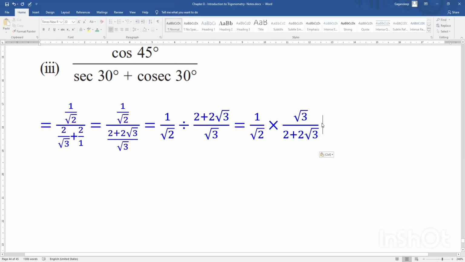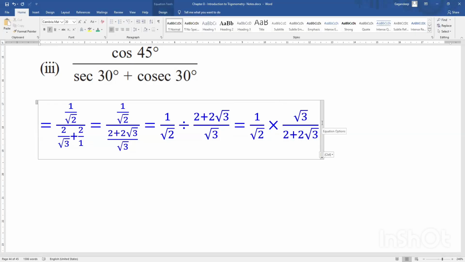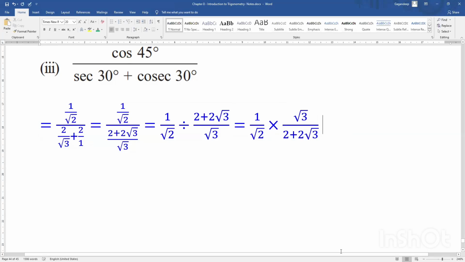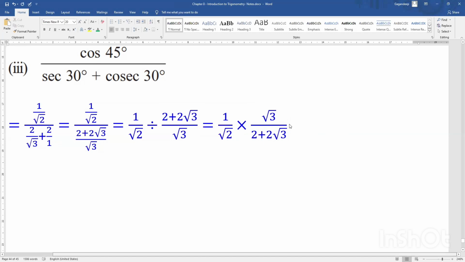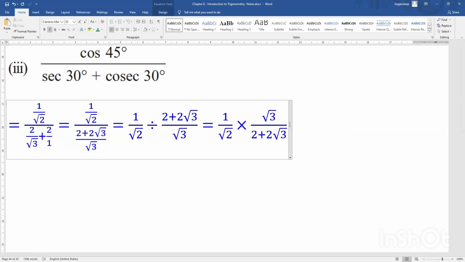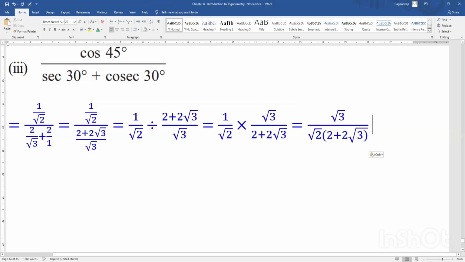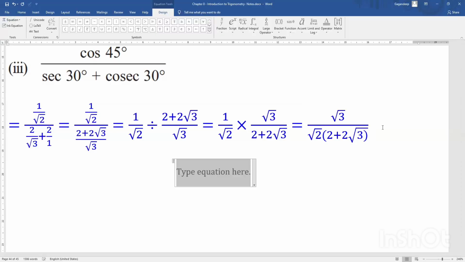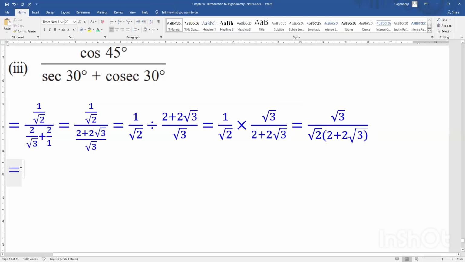In my next step, what I do is I just multiply root 3 into 1. So here, let me write in the next step. So this becomes root 3, and the denominator I can write as root 3 into 2 plus 2 root 3. Now this will be equal to, the numerator remains as it is, no changes.